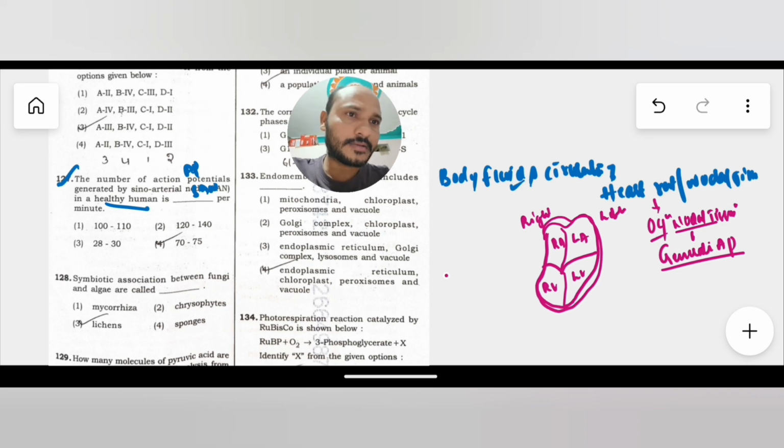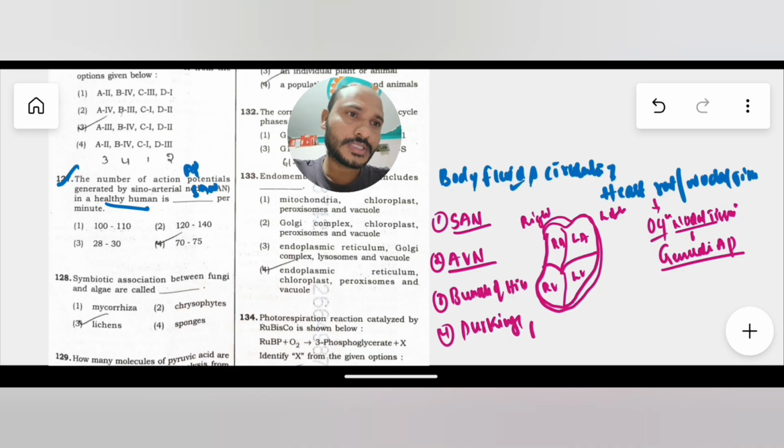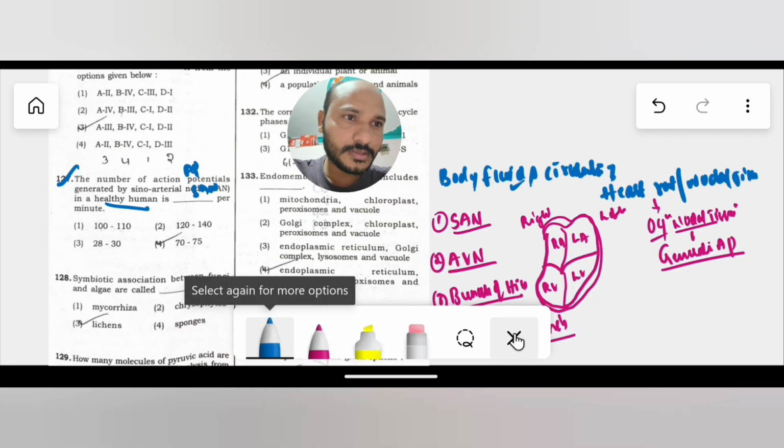These four nodal tissues are: first, the SAN, sinoatrial node; then the AVN, atrioventricular node; and the third is the bundle of His. From the bundle of His arise fiber structures called Purkinje fibers. So we have four different types of nodal tissues in the heart. The SAN is present at the right corner of the right atrium, as I am showing here.